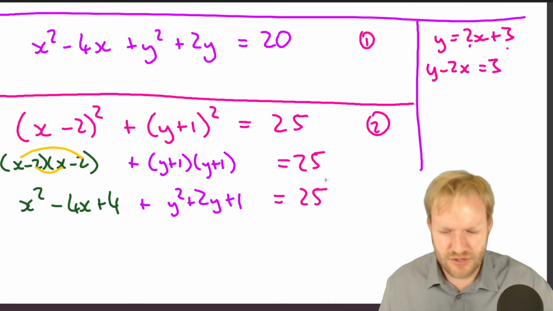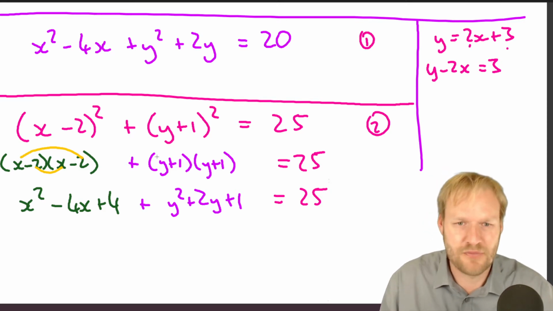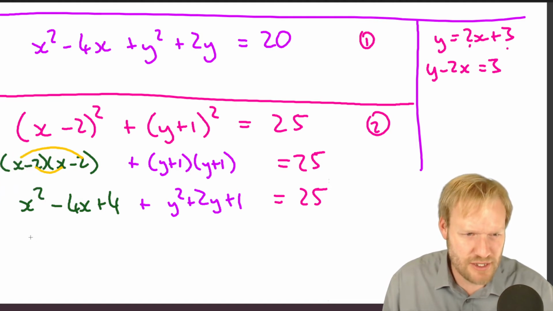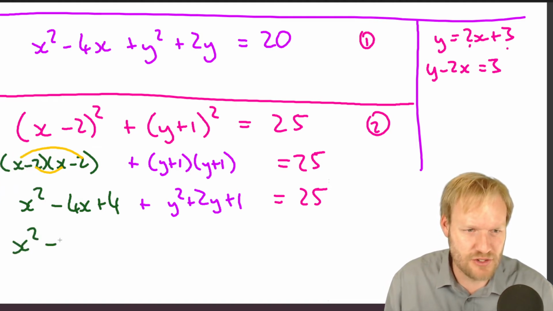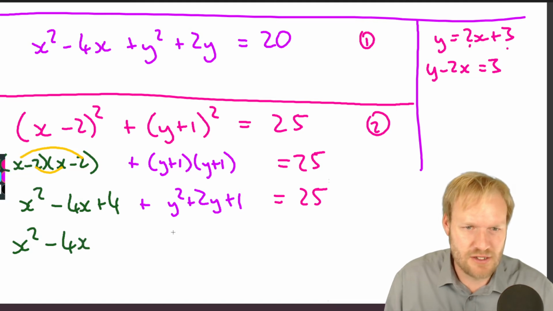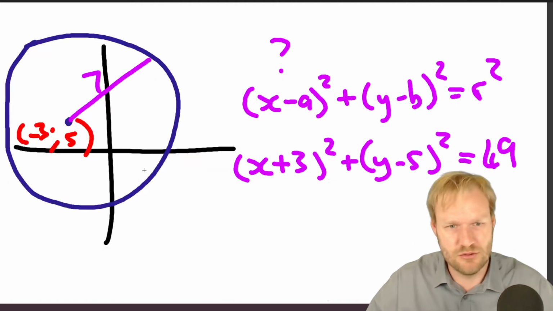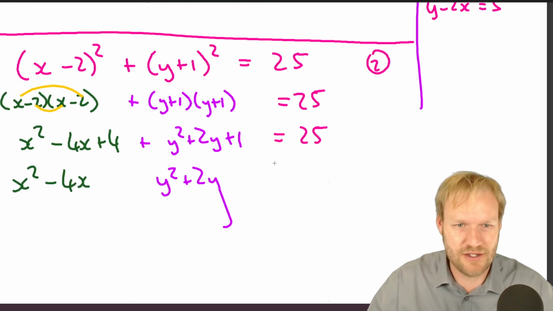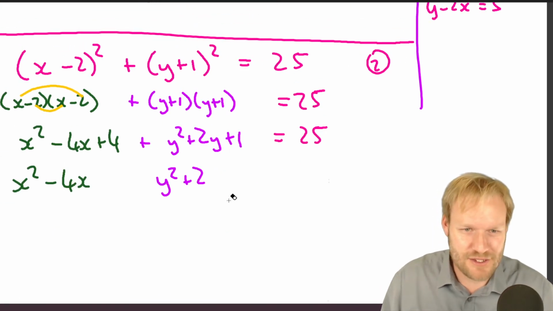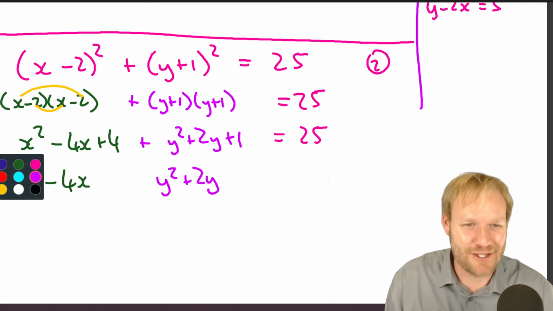Cool, so things are looking good so far. Now let's add these like terms. So x² - 4x, not too much we can do there. This y² + 2y, not too much. Oop, those were our big circles from the other day. It's always these y's that go a bit crazy here. Okay, so then we've got that.